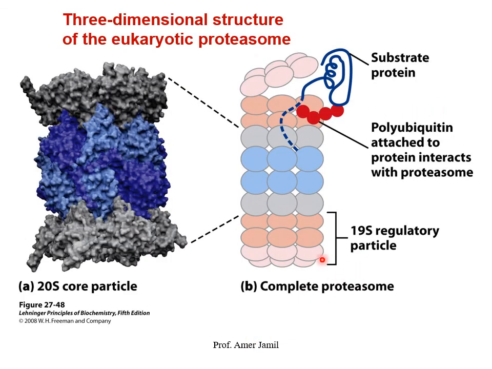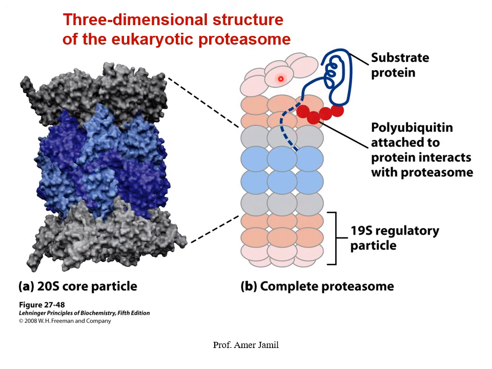And this is a proteasome, which you can say is a factory where these proteins are degraded. Once they go inside this, they are degraded. There are many proteases present inside this proteasome.